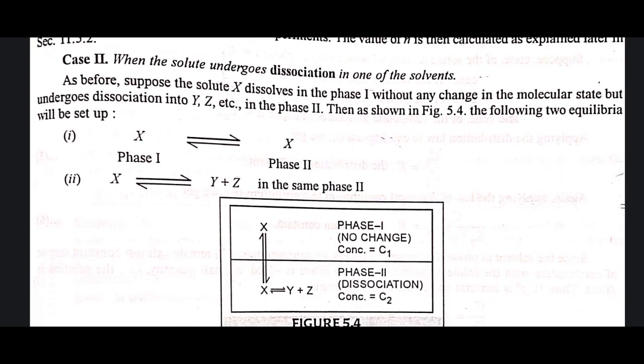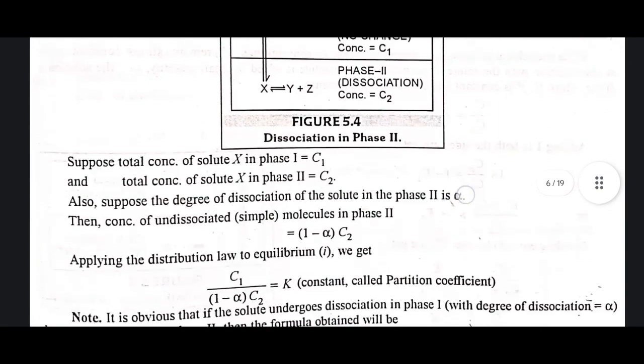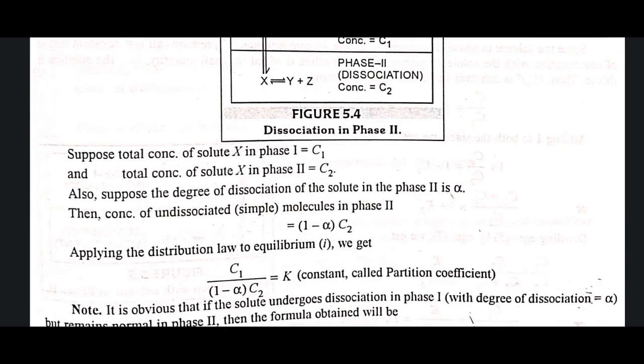First, X gives X, second, X gives Y plus Z in phase 2, both under equilibrium. Suppose total concentration of solute X in phase 1 is equal to C1 and total concentration of solute X in phase 2 is equal to C2. Also suppose the degree of dissociation of the solute in the phase 2 is alpha.